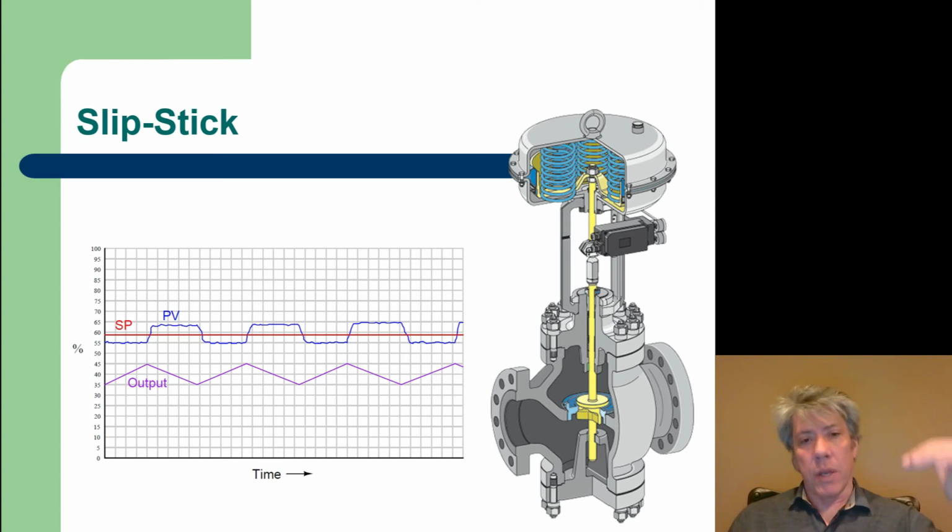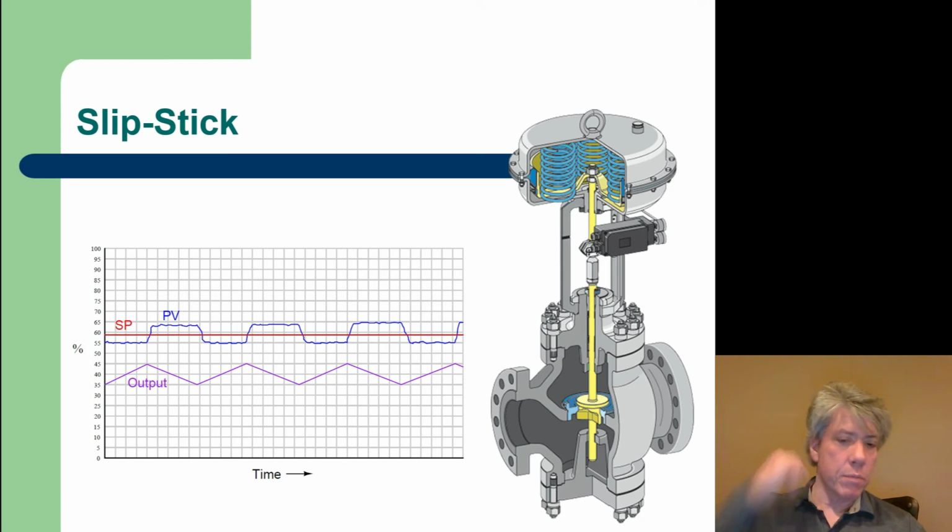It's got to integrate the negative error, or the opposite error to what it had before, and you get this continuous slipping and sticking behavior where the valve never really hits the set point. It just keeps dancing around it. And this is a very common feature to see with control valves where this problem hasn't been resolved, where there is so much friction. Now, to overcome this, what's commonly done is a positioner is used with two different loops of control, but that's beyond what we're talking about right now.